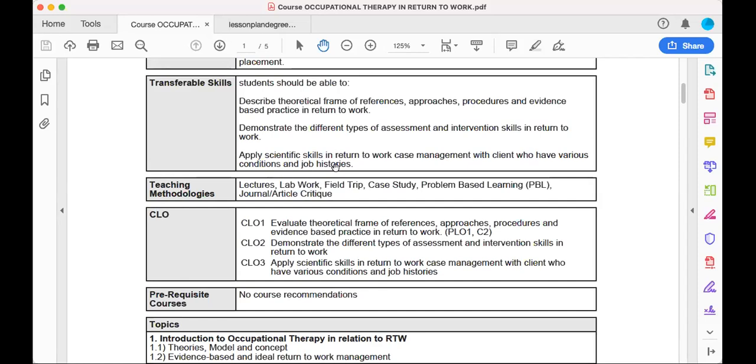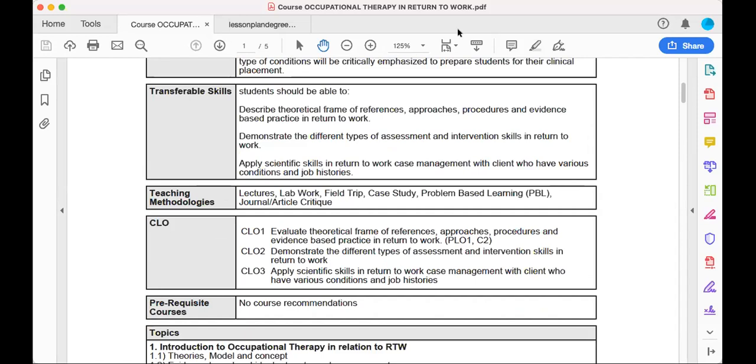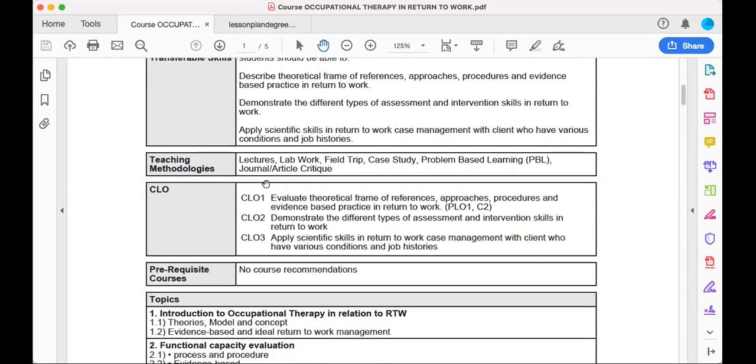So in this code, there is a lot of evidence-based articles that you need to read. In our code, there are lectures. I'm going to give lectures to you all, and also there is lab work. Field trip we cannot do lah. We got very short time, very difficult to arrange a trip.